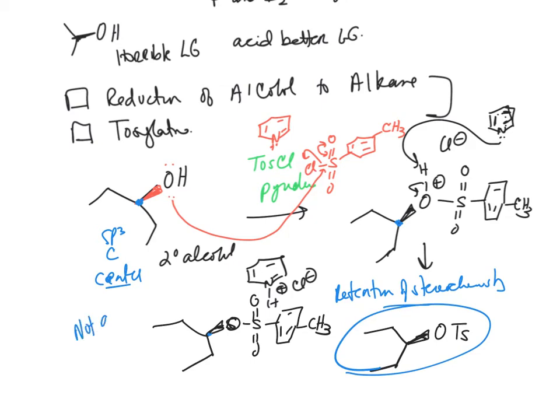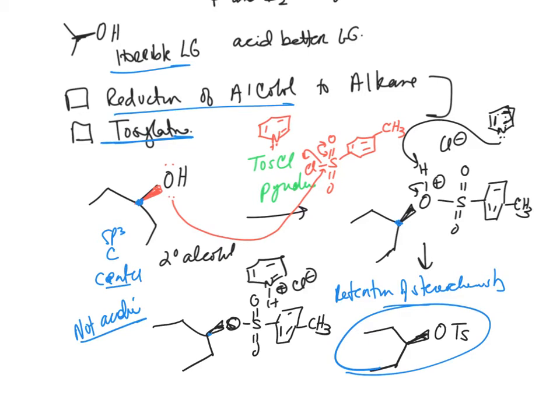So this is not acidic. It's not even really that basic because pyridine, somewhat basic, but it's really more of a proton sponge. These are anhydrous conditions. So now we've converted, the power of this is we've made a tosylate. We've converted this horrible leaving group into a great leaving group, and we didn't have to use any kind of acid.